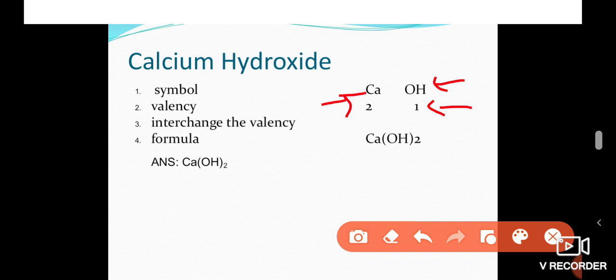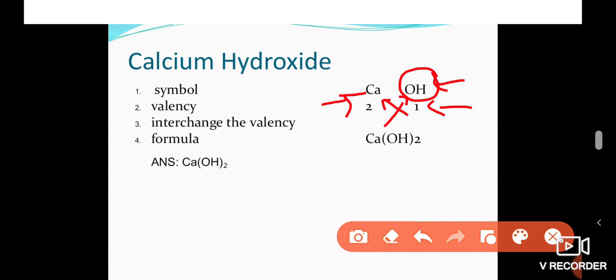And third step, interchange the valency. We have to interchange the valency of calcium to hydroxide, the valency of hydroxide to calcium. So we do that interchange. Now calcium gets 1. Hydroxide gets 2. I already told, if more than one polyatomic ion is there, we have to write it inside the bracket.